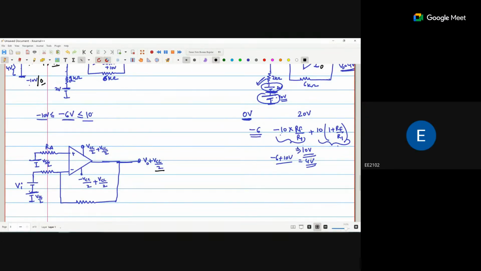Now, how do we get this VCC by 2? If we add the same voltage in the negative terminal and the positive terminal, the RF by R1 factors for the negative and positive terminals will be cancelled out. This factor and this factor will be cancelled out.